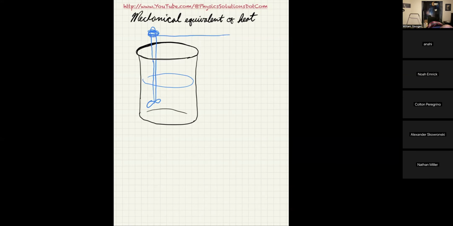That spool of string went to a pulley, and from that string was hanging a mass, let's say little m, and that mass little m had a height h above some point that they considered the arbitrary zero of potential energy.